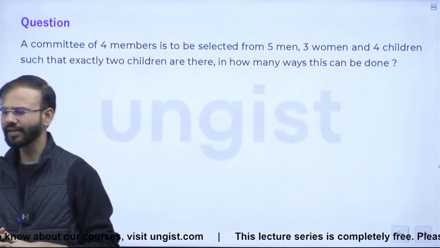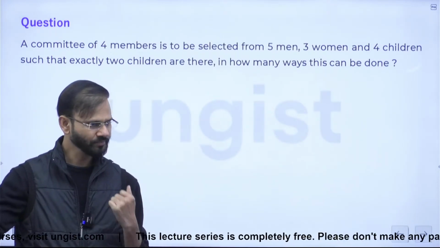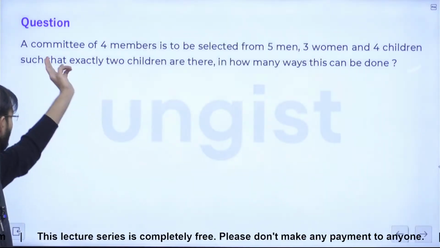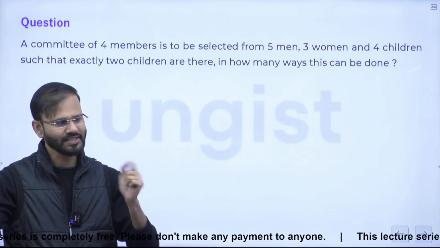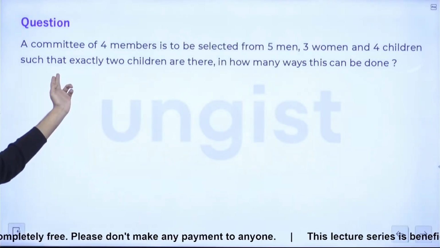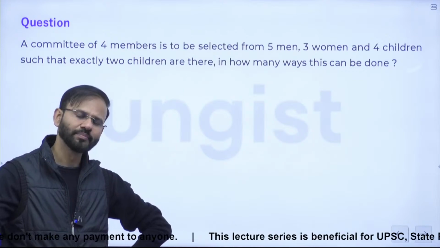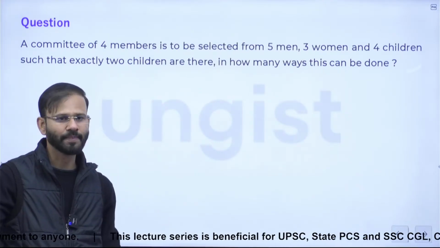The question is saying, inside a room we have 5 men, 3 women and 4 children, right? You have to choose 4 members from that group such that exactly 2 of them are children, right? So first tell me how you will think about it. I mean, how will you process this?